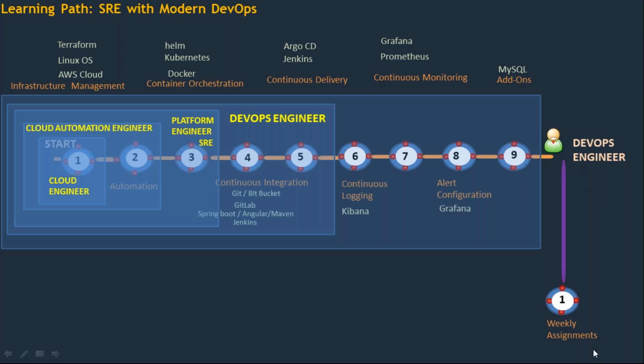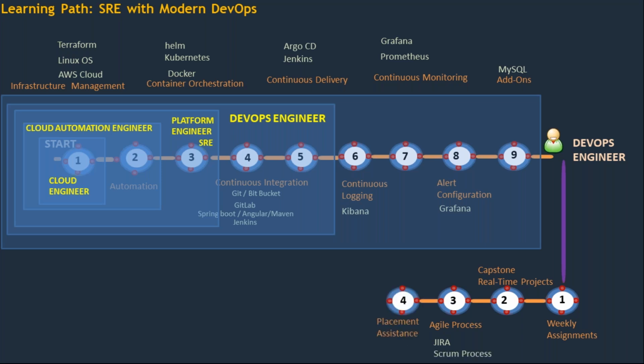But to get more expertise on that, as I said, you'll get weekly assignments, you'll get help with the projects, and you'll get the Jira Agile process. That is how you use all of these in real time. What is the process that you need to follow in real time?